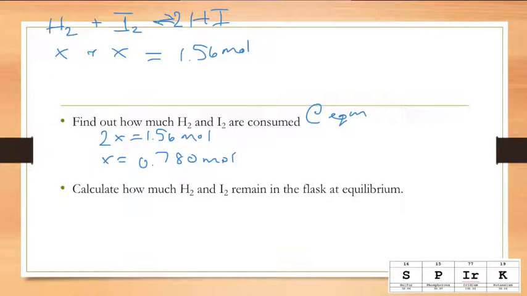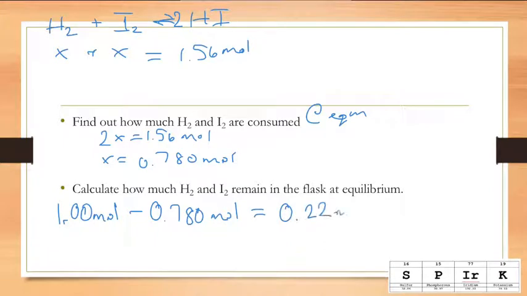So our next step is to calculate how much H2 and I2 remain in the flask at equilibrium. So we know from our initial conditions that we had 1.00 moles of H2 and I2 at the beginning of the reaction. And we know that we consumed 0.780 moles of each. So that means that at equilibrium, we have 0.22 moles of H2 and I2.